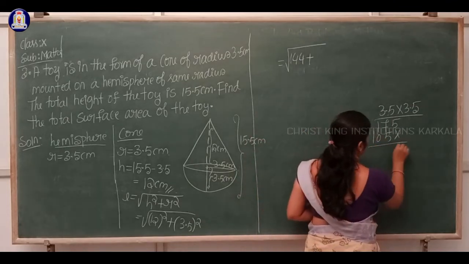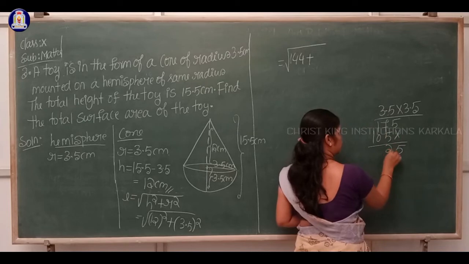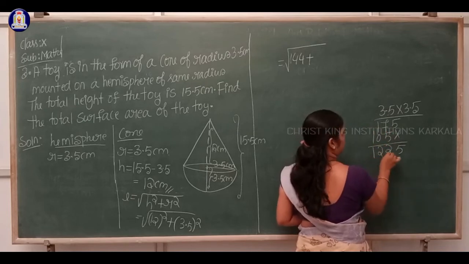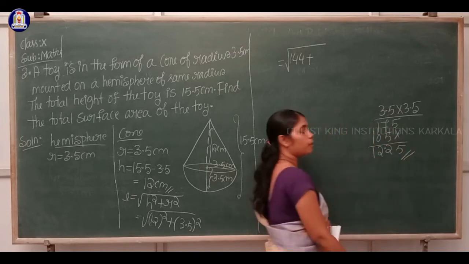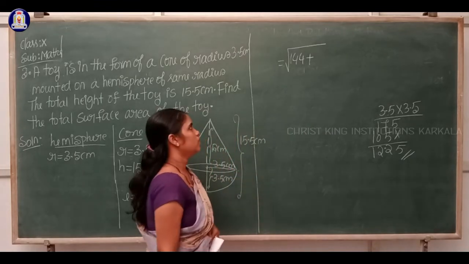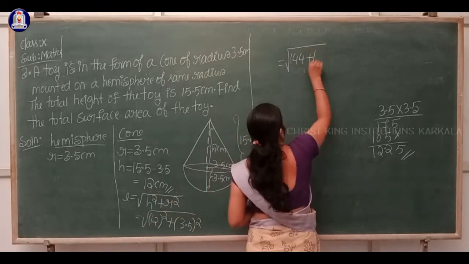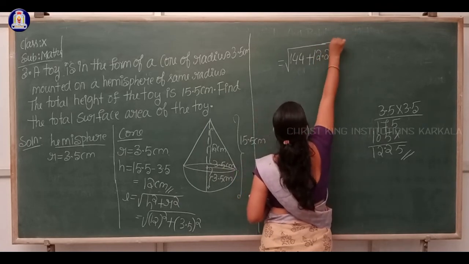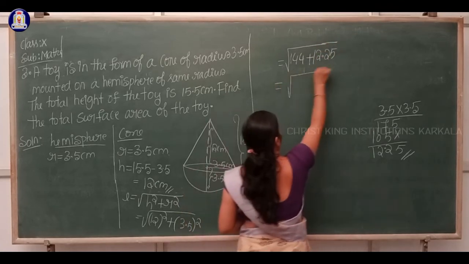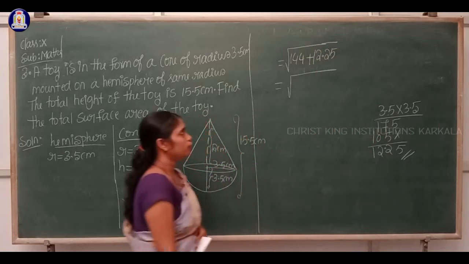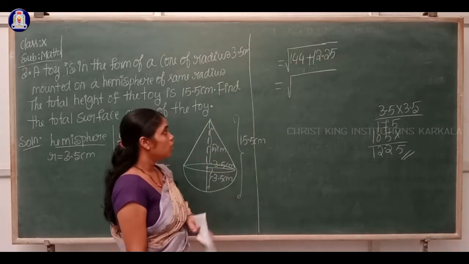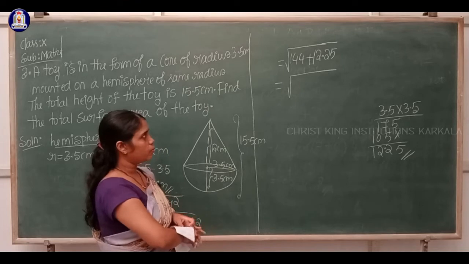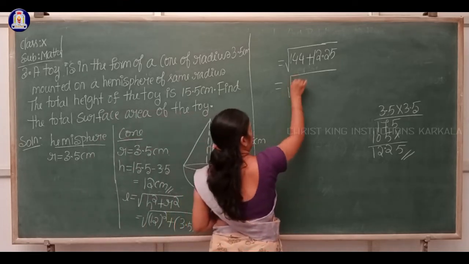So what is the answer? 12.25. Therefore 3.5 whole square is given by 12.25. So 144 plus 12.25 is given by how much? 156.25, isn't it?